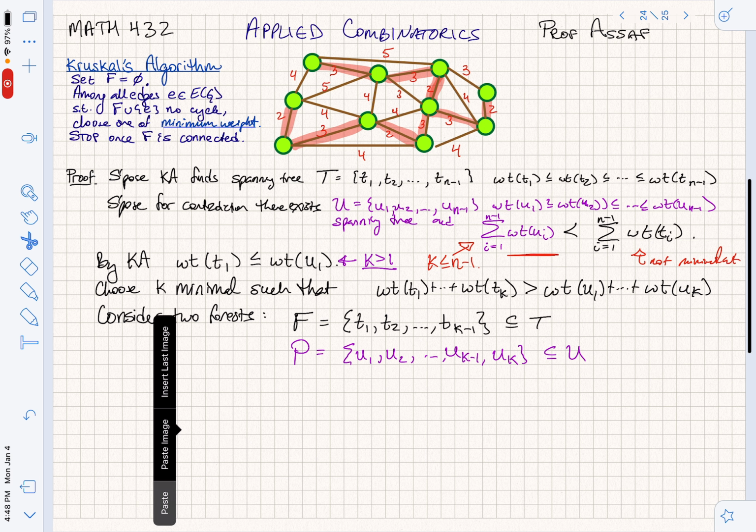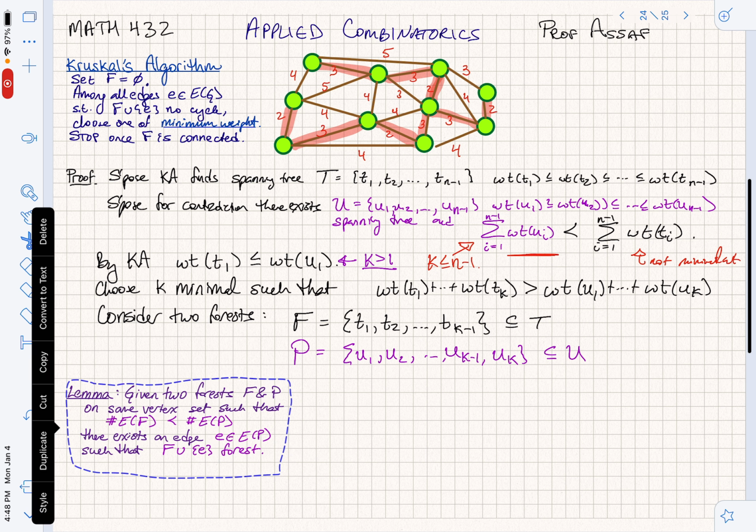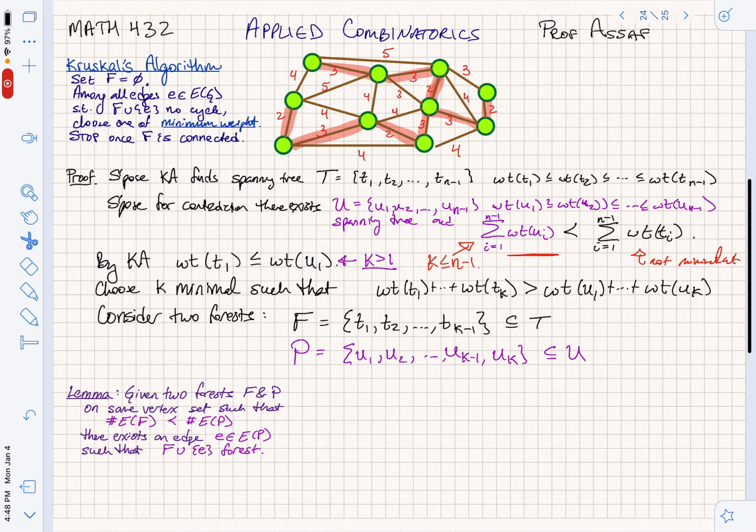Now what? Now, remember that lemma. We had a lemma that said, given two forests, P and U, okay? Two forests, P and U. Here are two forests. The number of edges in F is strictly less than the number of edges in P. Well, that's true. The number of edges in F is K minus 1, and the number of edges in P is K. There exists an edge in P that we can add to F. Okay, so we're going to use this lemma.